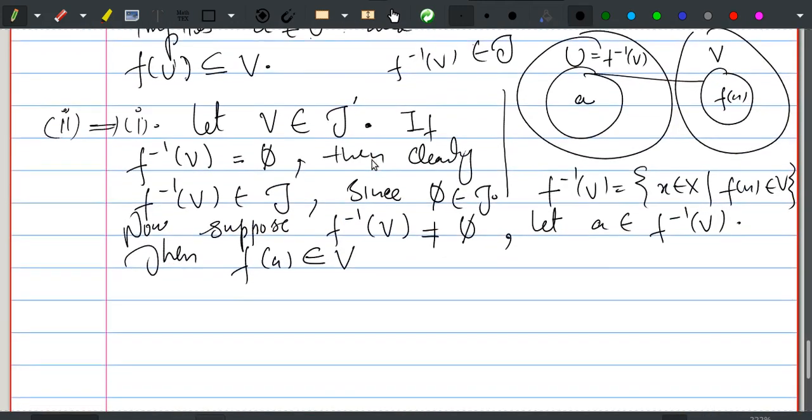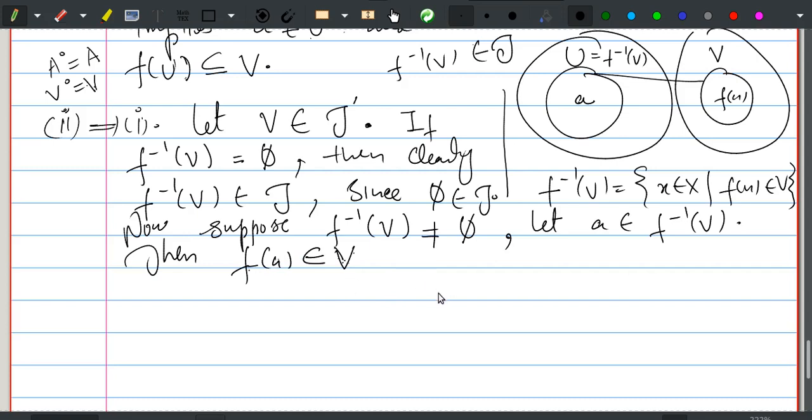So we have an open set V here, and there is some point f of A in V. That means this V is a neighborhood of f of A, because V is open and V interior is V, which means V is a neighborhood of any of its points. So this means V is neighborhood of f of A. So if this is the case, then there is some open set which contain f of A and is contained in V.